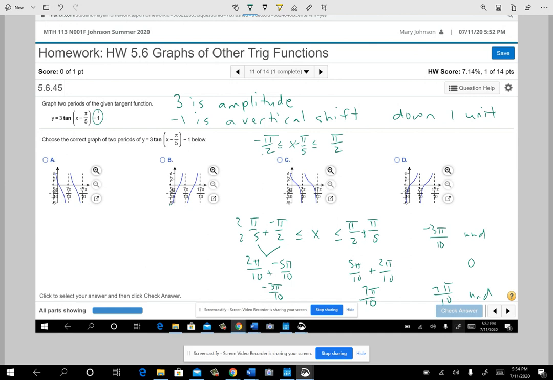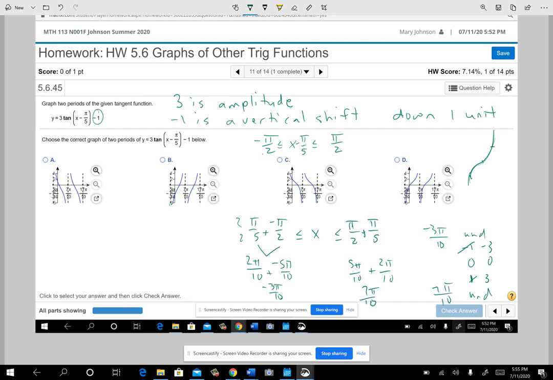Okay, and then usually with tangent it looks like this. So usually with tangent, you'd be down at -1, okay? And then over here, you'd be up at 1, okay? But since it had an amplitude of 3, this would be -3, this would be 0, this would be +3, okay?